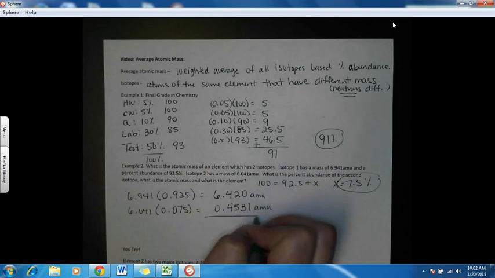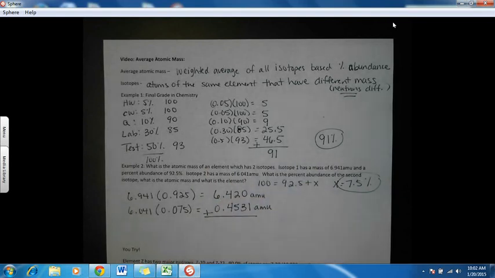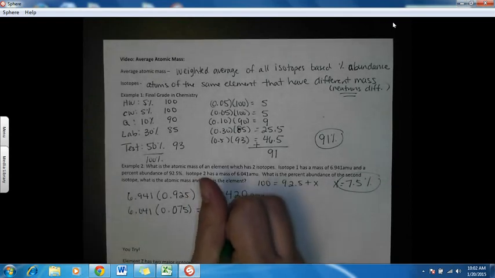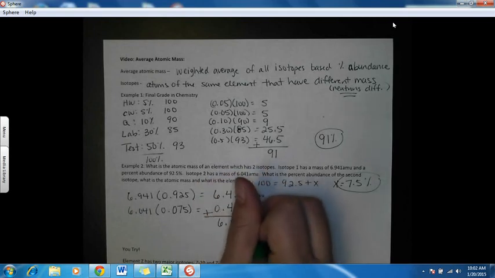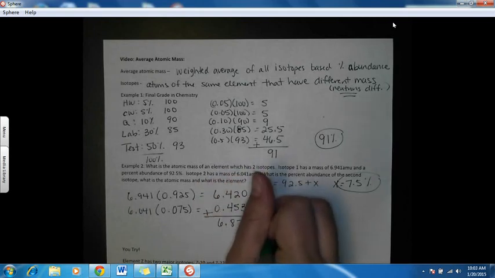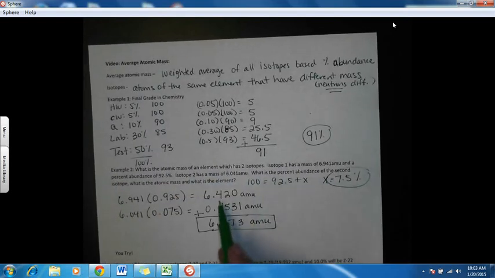And so then finally we would add those together, and we get 6.873 AMU. Because remember, when we add, we go by the least number of places after the decimal, and that was 3 places here.